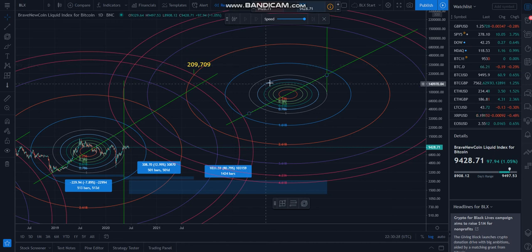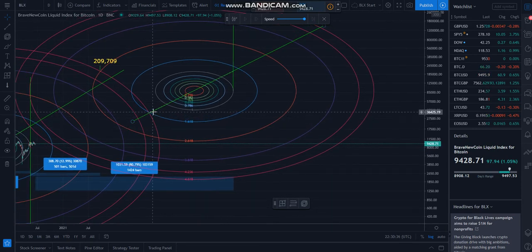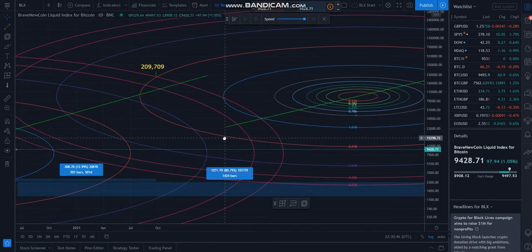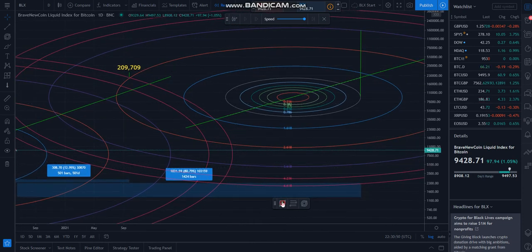So for this last calculation now, we would need to repeat the process. We would need to find out how long it was from the low to the halving date. So let's do that. Let's try and zoom in for a bit of accuracy. So we get our measuring tool and we go from the low.